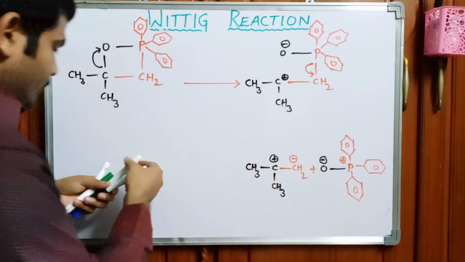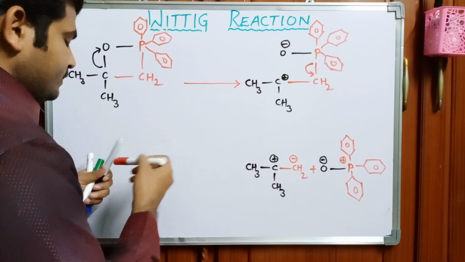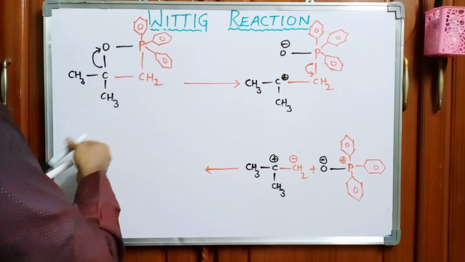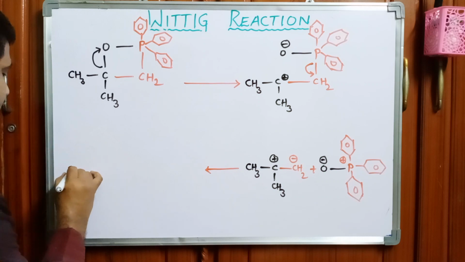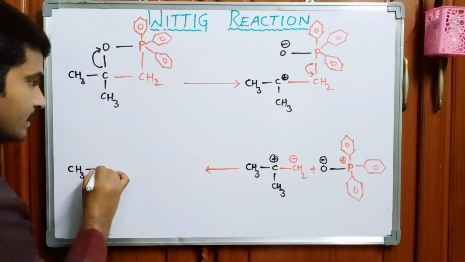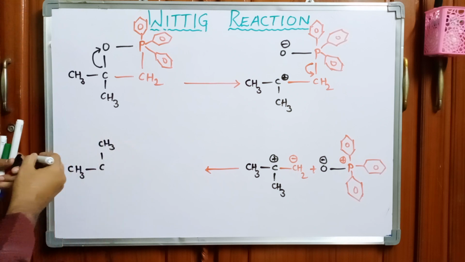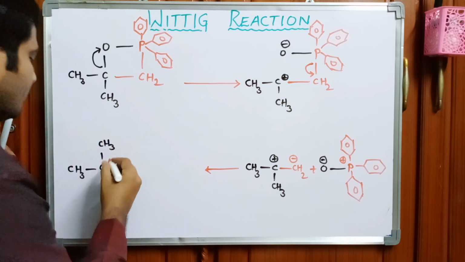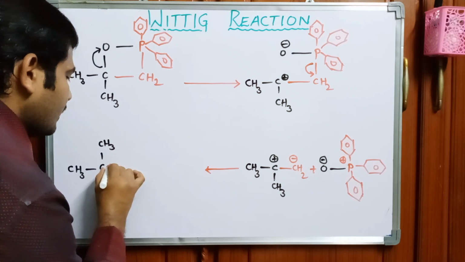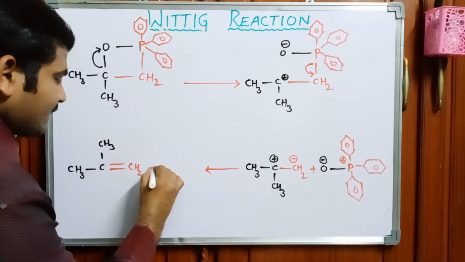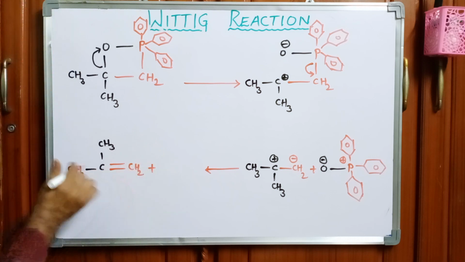So these two are going to produce CH3, C, another methyl moiety. In between them, there is an already existing sigma bond. Now there is a formation of a pi bond between them. Our product is formed.